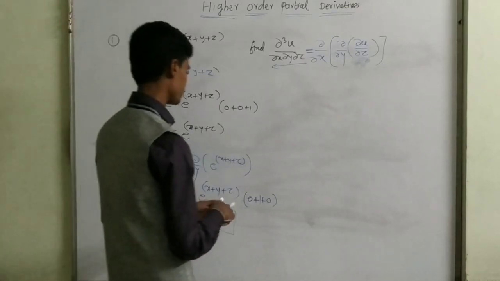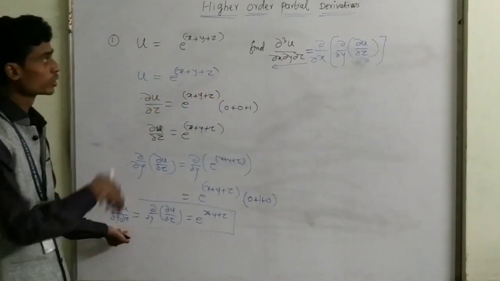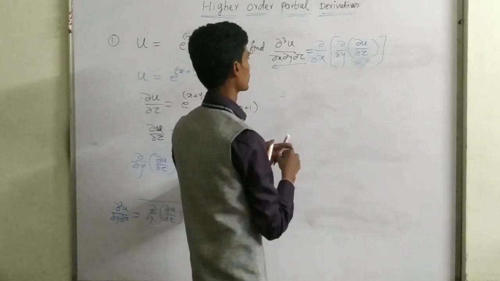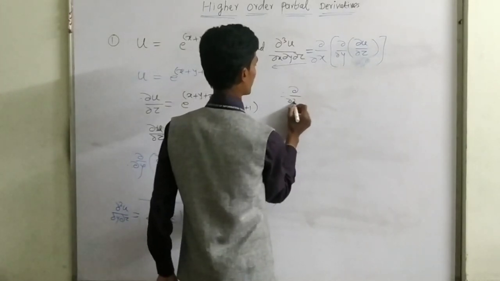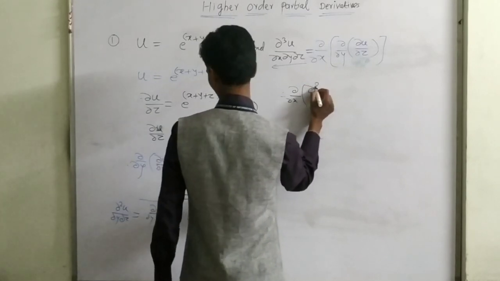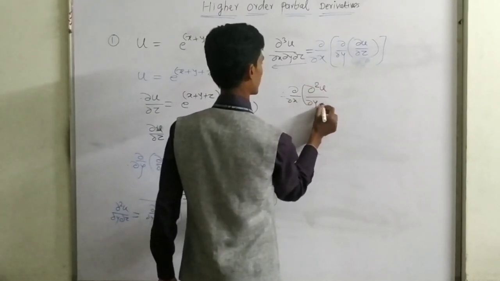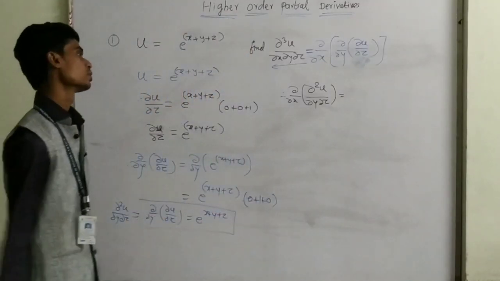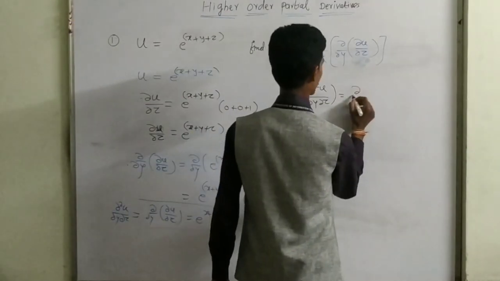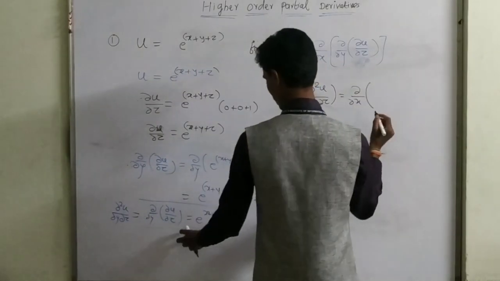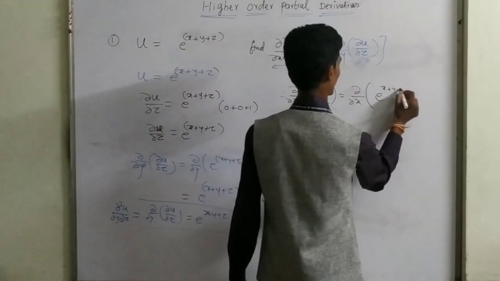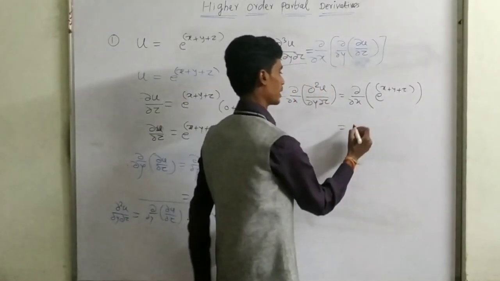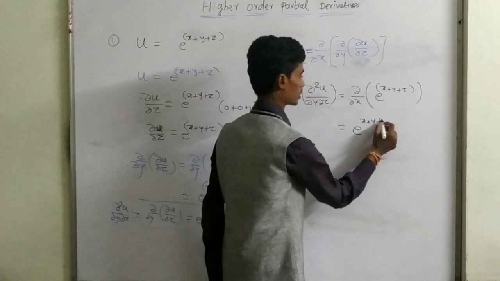Now the last, we want to differentiate this with respect to x partially, so I write here ∂/∂x of ∂²u/∂y∂z. Whole bracket means again e raised to x plus y plus z, so again it is ∂/∂x of e raised to x plus y plus z as it is.